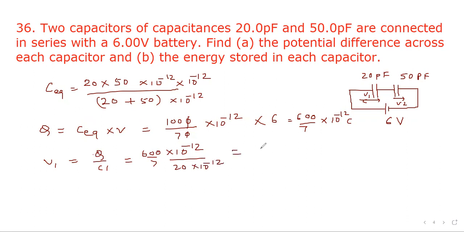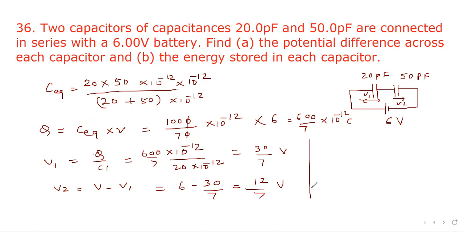So this becomes 30 upon 7 volt. V2 equals V minus V1. So V is 6 minus 30 upon 7, that is 12 upon 7.